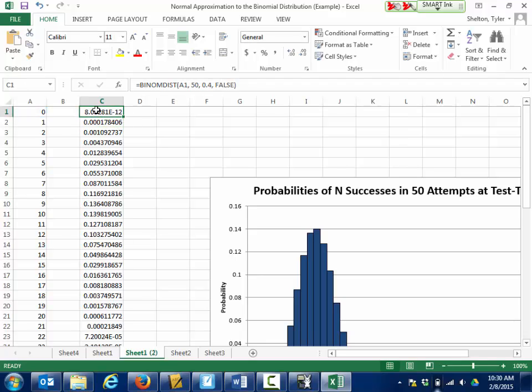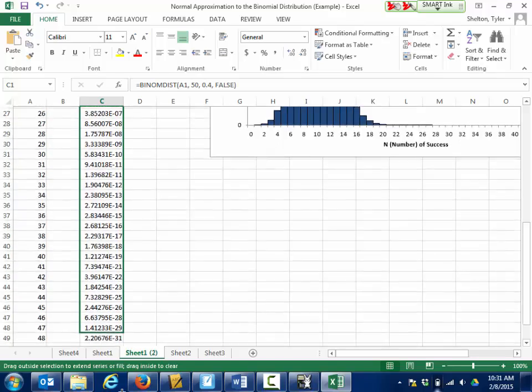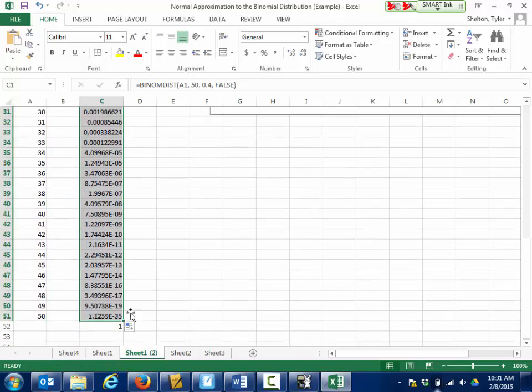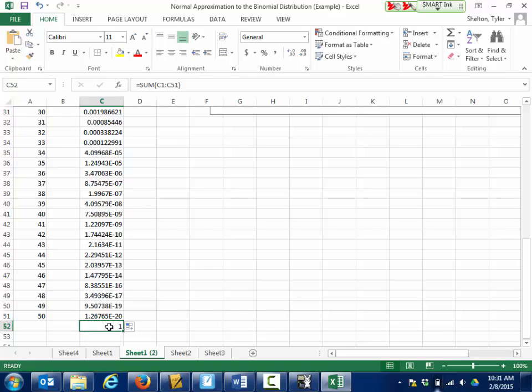I'm going to see if I can do this without gumming everything up. I'm going to change the probability of success for every trial to be 40% instead of 20%. We're still using the cells in column A as the number of successes out of 50 trials. So let's see what changes in my histogram.